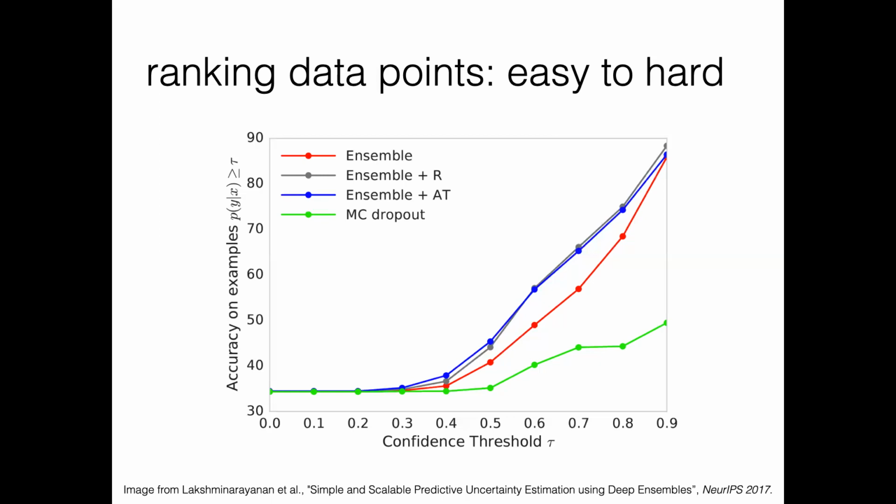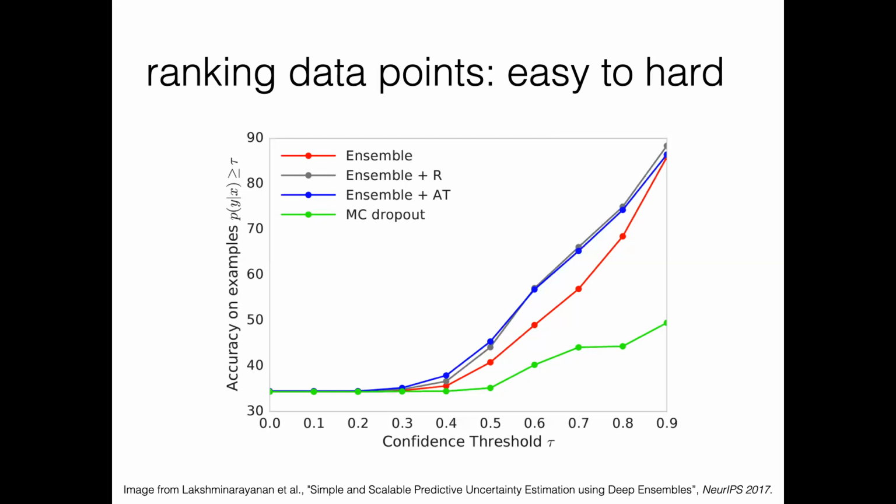So here I'm comparing some ensembling techniques to Monte Carlo dropout. We would say that Monte Carlo dropout here is a worse uncertainty quantifier, because it's not as good at throwing away points as the threshold increases as these other methods are. Was that clear?